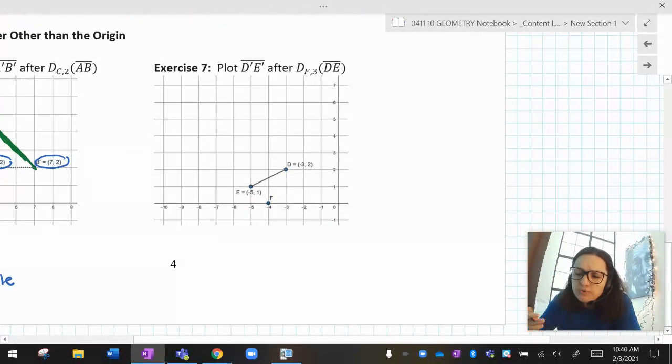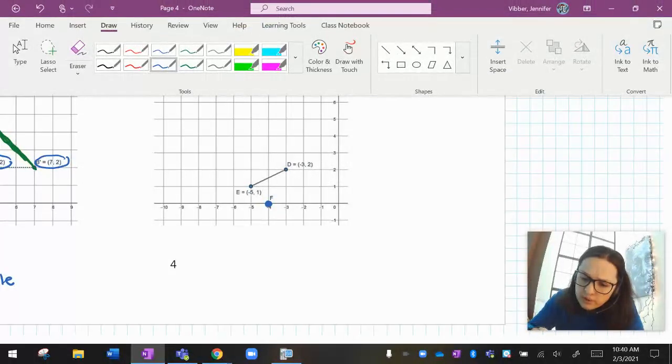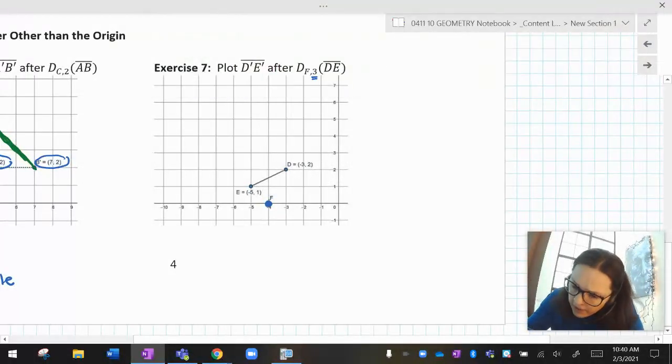All right. So if I wanted to plot D prime E prime after a dilation from F of a scale factor 3, what I'm going to do is say, from F to D, I go right 1, up 2. I went right 1, up 2.